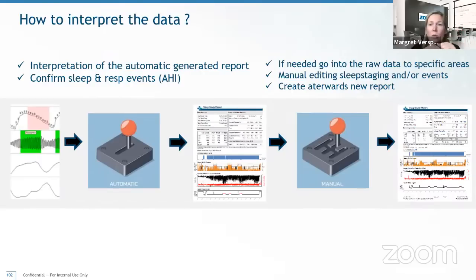You can easily manually edit sleep staging and events, and afterwards create a new report. So actually you are the driver. You check the report, you check if you agree with it, and you give your interpretation. If not, go into the raw data and check and verify some things.